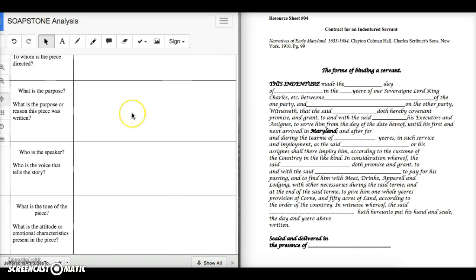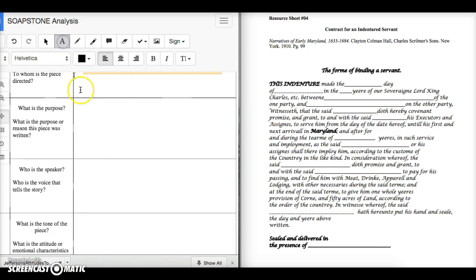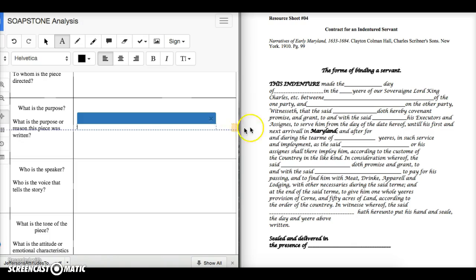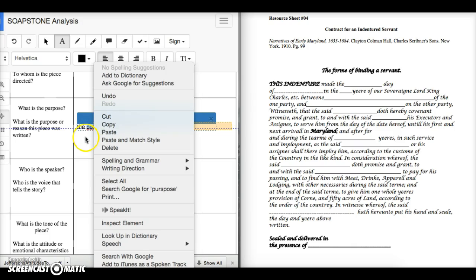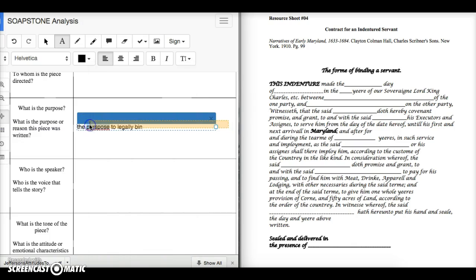We're looking at purpose. What was the reason for this document being written? Well, we know that this document is a binding agreement. So the purpose of this is to legally, sorry for my spelling, folks, I'm just trying to type quickly and it's not really helping me out too much.